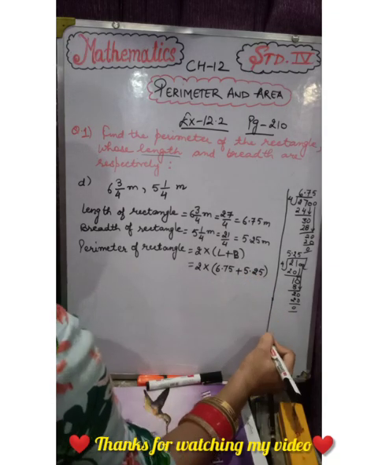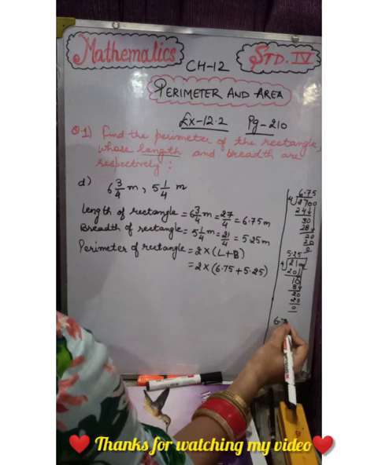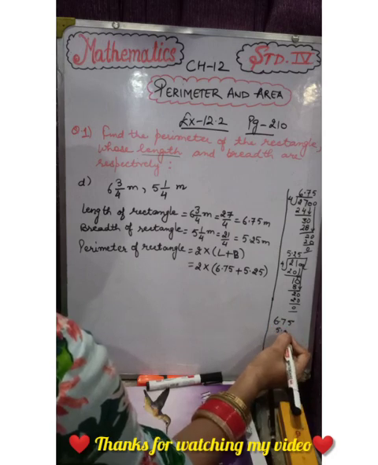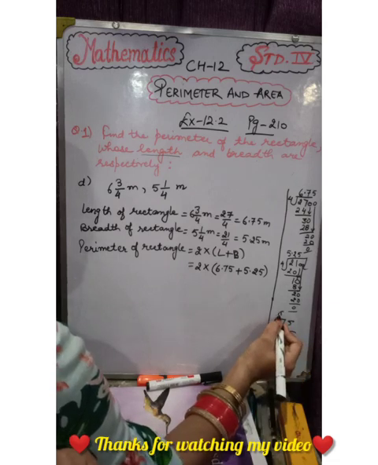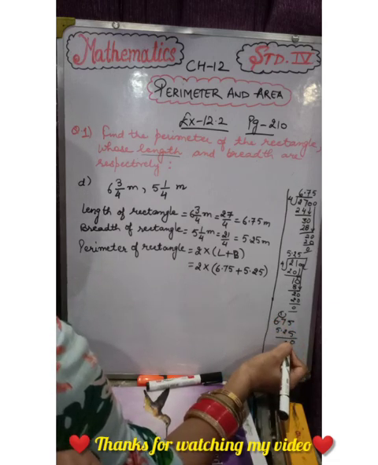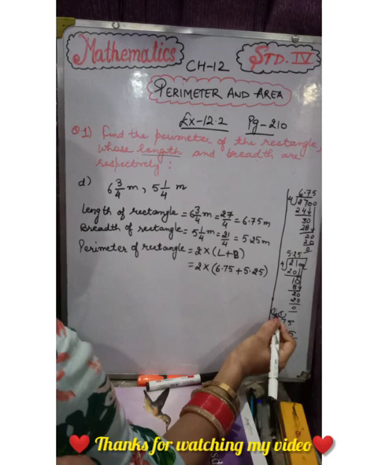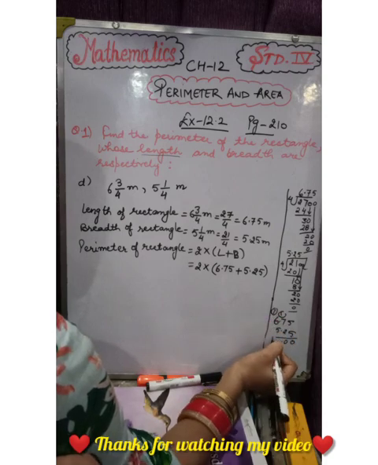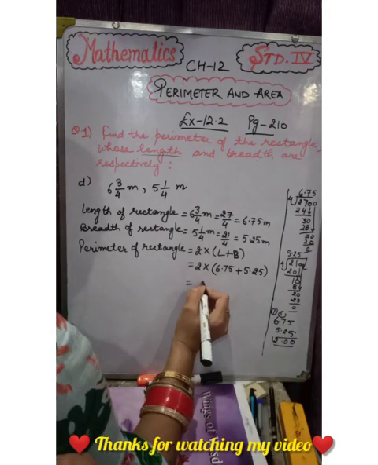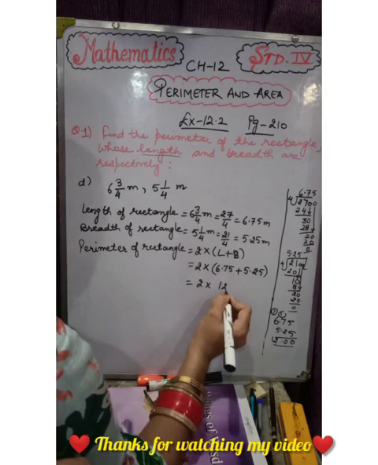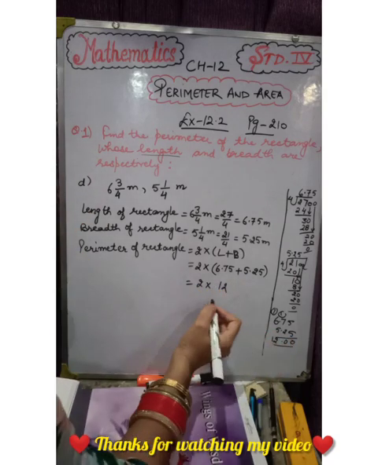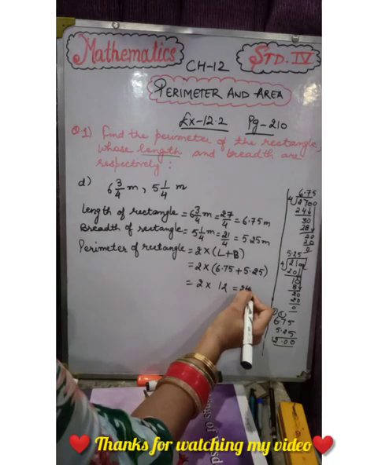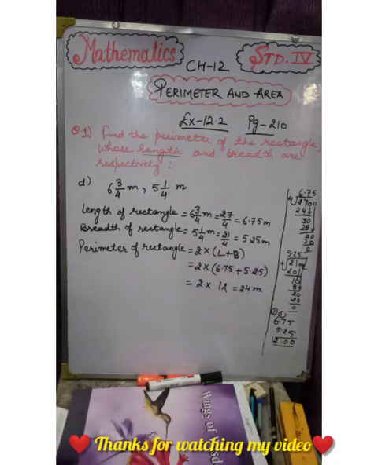We'll do the calculation here in rough work. 6.75, 5.25. 5 plus 5 is 10. 7 plus 2, 9. 9 plus 1 is 10. 6 plus 5, 11 plus 1 is 12. So it is 12.00. We can write it as 12 only. 2 into 12 is 24 meter. Understood? This is your answer.